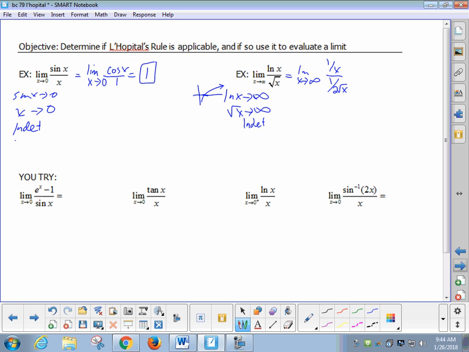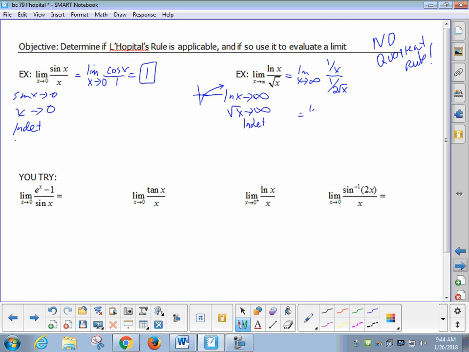Now, that is not the idea, no quotient rule. That's because the question is not, what is the derivative of that? That's when you would use the quotient rule. The question is, how do their rates of change compare to each other? That's not a quotient rule. It's what's the derivative of that compared to the derivative of that. So do not use the quotient rule here. Just take each individual derivative.